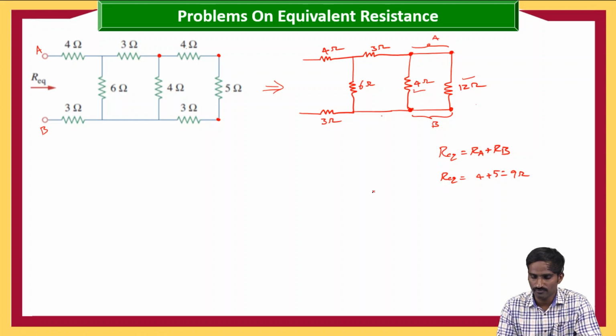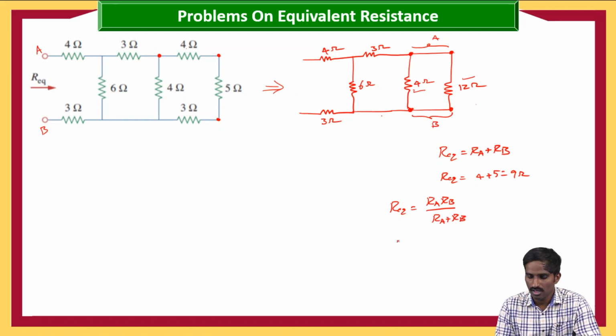In this case, if there are two resistors, then R equivalent is equal to RA RB by RA plus RB. In other words, 1 by R equivalent is equal to 1 by R1 plus 1 by R2, the sum of the reciprocals of the two resistors. If you simplify this, you will get this one only. Sorry, RA RB here we are considering.